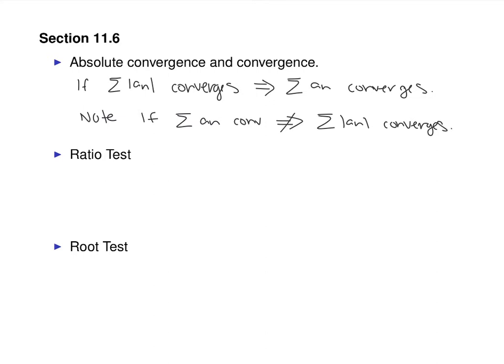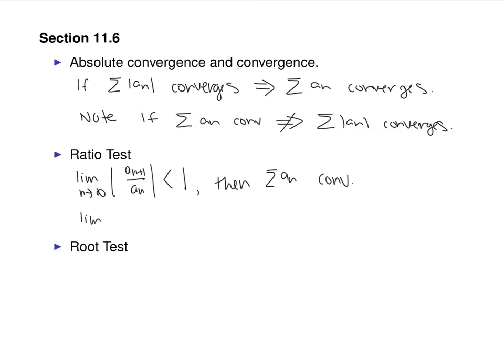Okay, the ratio test says that if you take the limit of the ratio of the absolute value of your n plus first to your nth term, and that is less than 1, then your series converges.